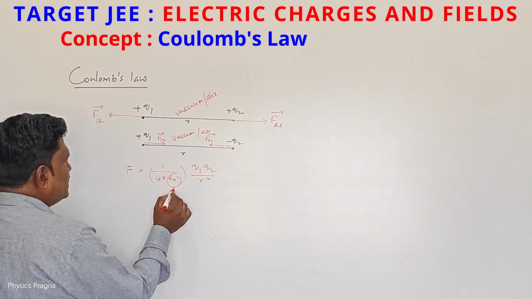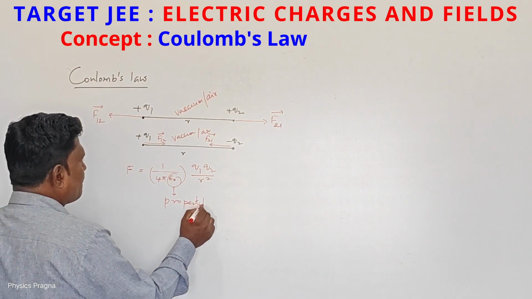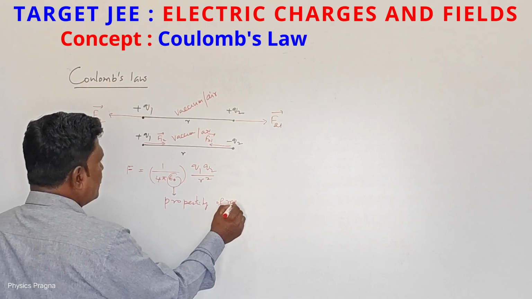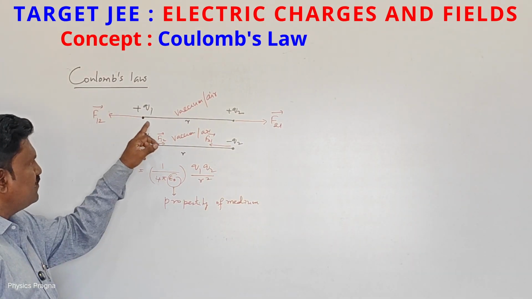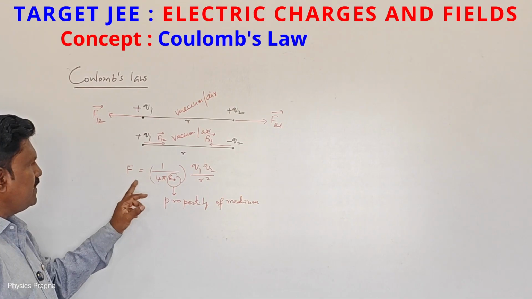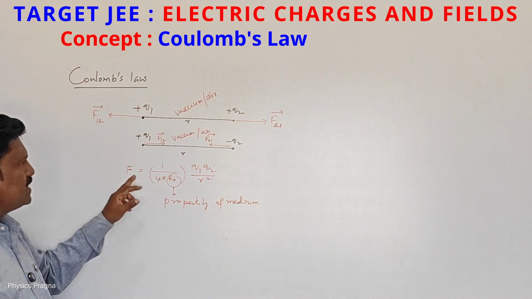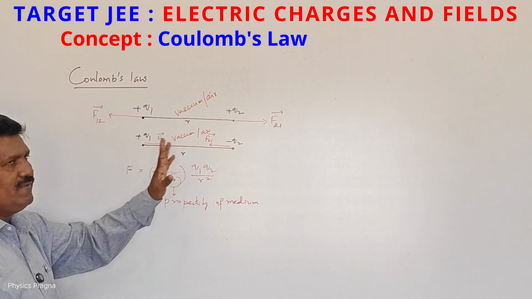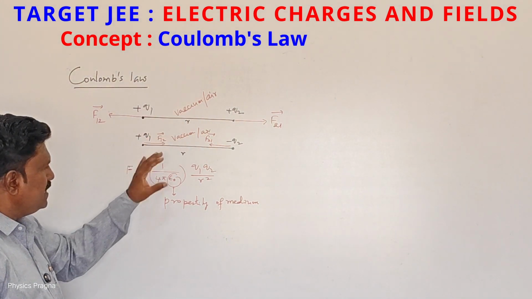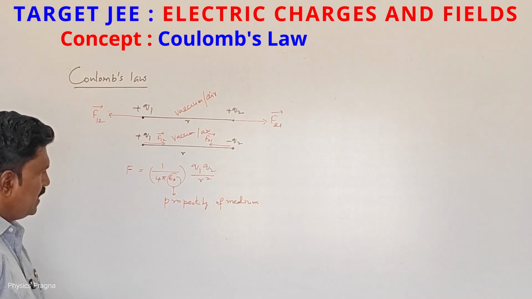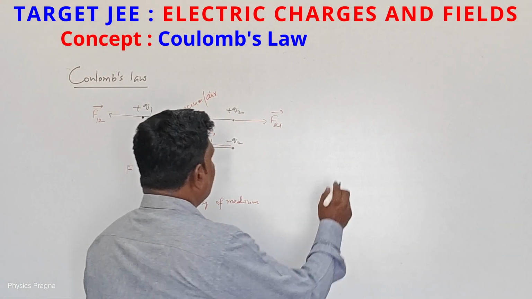This epsilon is a property of a medium. This force, whatever we have defined, the Coulombian electrostatic force, depends on the medium between the charges. So if only vacuum or air is there, this formula we can use. If there is a medium between them, then what happens?